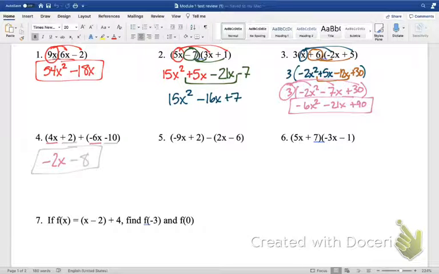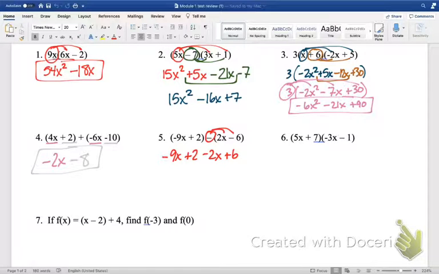For number 5, a little bit tricky because we have this minus here instead of the plus. So we're going to take and distribute that minus to each term inside. So we'd end up with negative 9x plus 2 minus 2x plus 6, because if you remember, a negative times a negative nets me a positive.